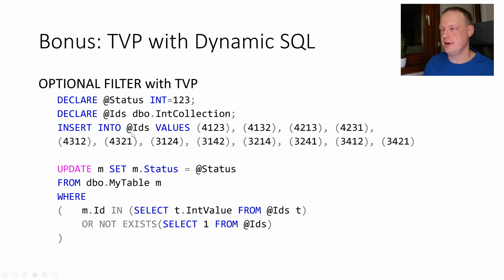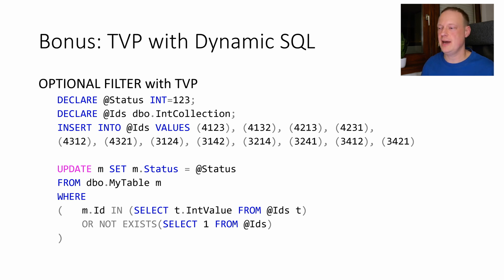So we have this array, IDs, of type int collection, and we update the status where ID is in this array. But if this array is empty, this wouldn't give me all rows. It would update 0 rows.